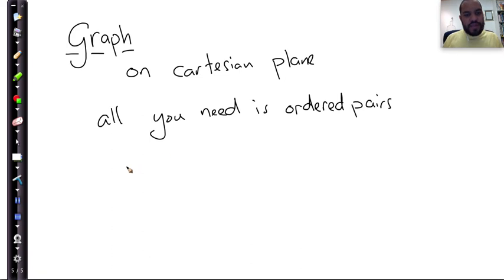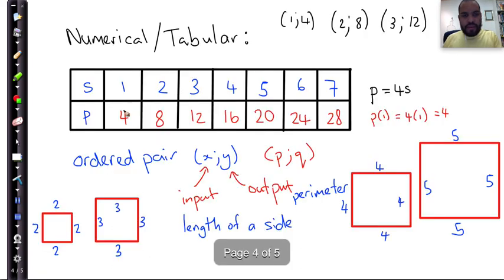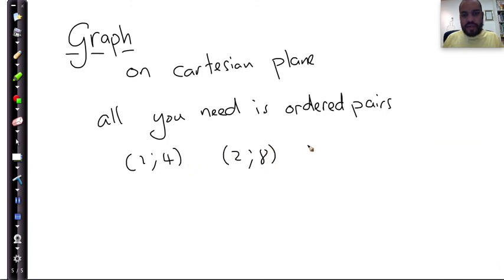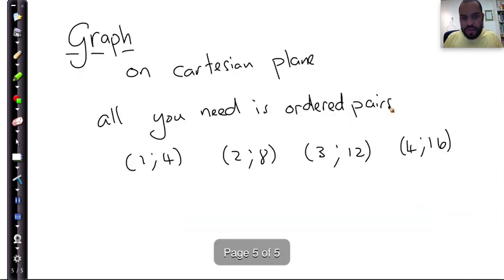So in this case, we're going to represent the ordered pairs here, 1 and 4, 2 and 8, 3 and 12, 4 and 16, and so forth, on a Cartesian plane. All it means is you find out where these coordinates are and you join the points. And that's really how you do it. You can use the table, draw the points on the plane, and then you can get the graph, right?